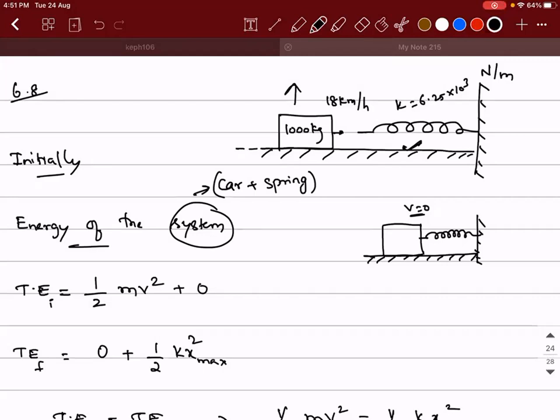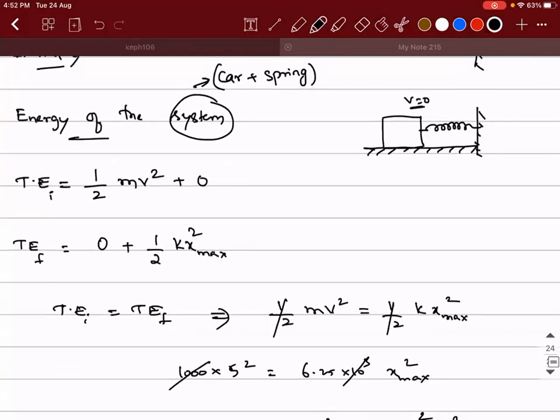Okay, sir. Understood. So there is no concept called kinetic energy of spring unless the spring as a whole is moving. If that kind of scenario occurs, then the spring should be an object having mass, or else it is not applicable.